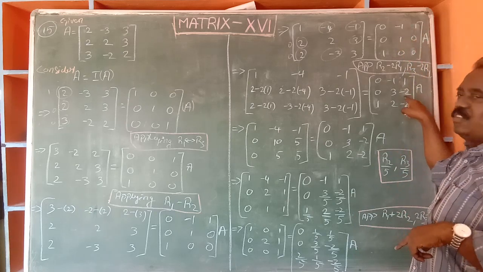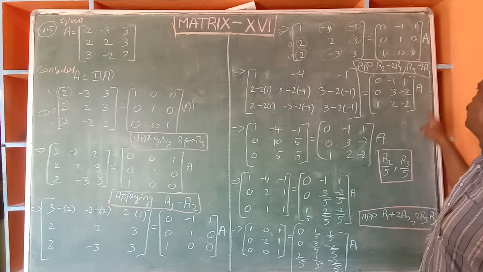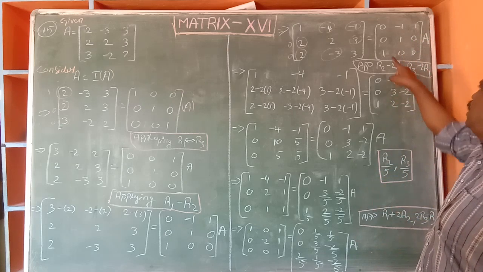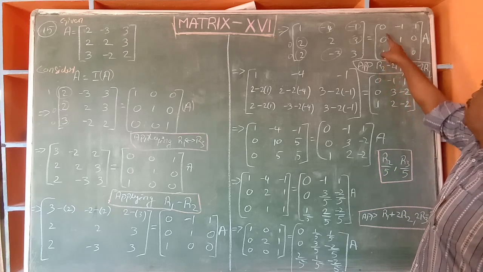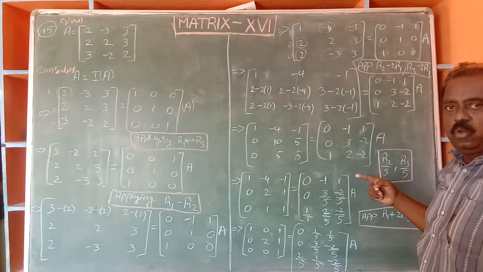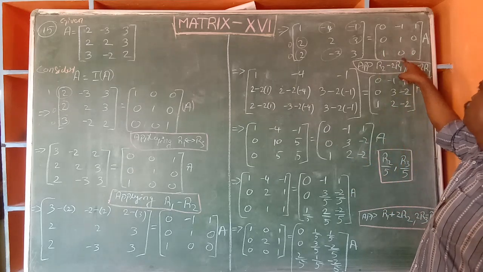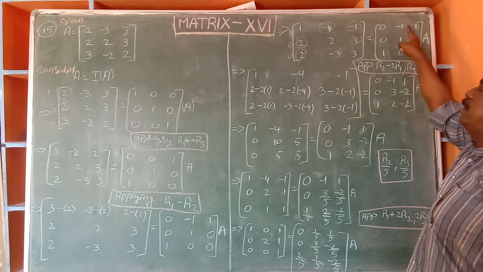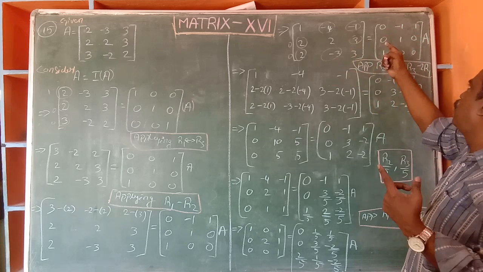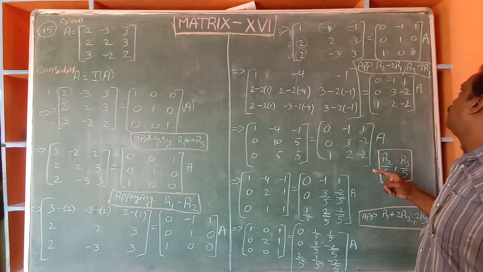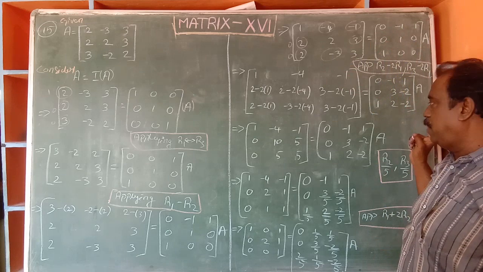Right. R3 minus 2 R1. Here also R3 minus 2 into R1. 1 minus 2 into 0, 0. 1 minus 0 is 1. 0 minus 2 into 1. 0 minus 2 into minus 1, that is plus 2. Similarly here also we get a minus 2.